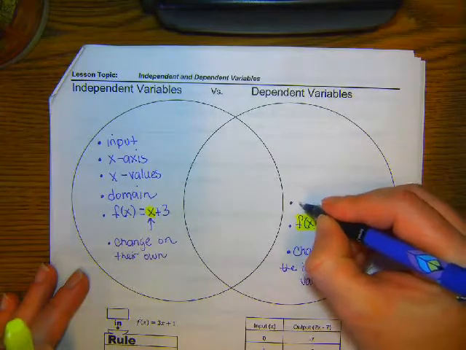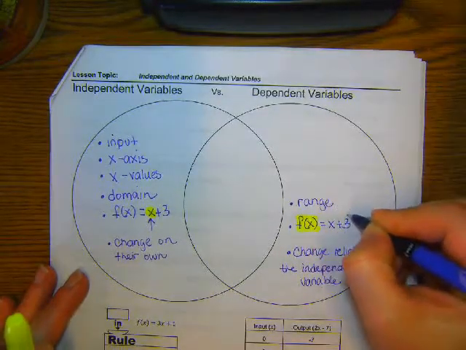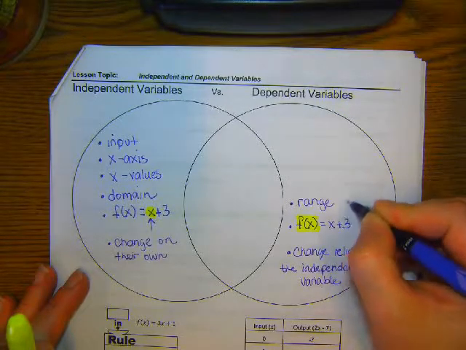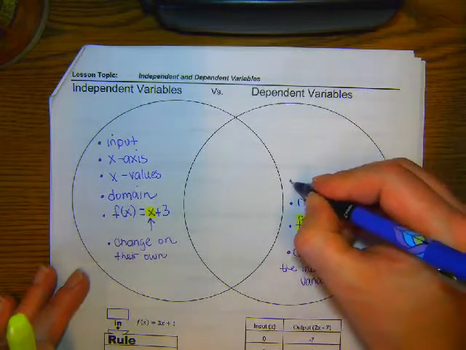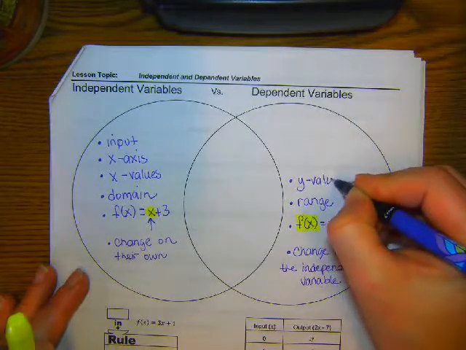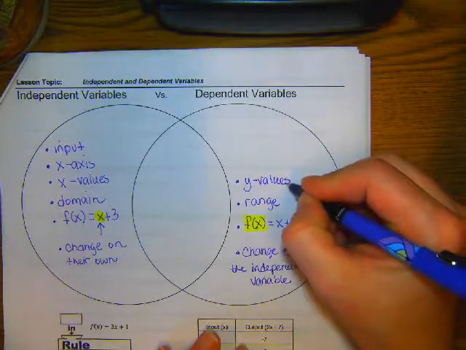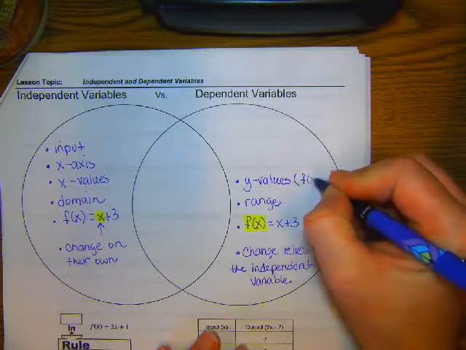The dependent goes along with the range of values, and the range of values are up and down, are the y values. And so now that we just learned function notation, y values we also can write as f of x values.